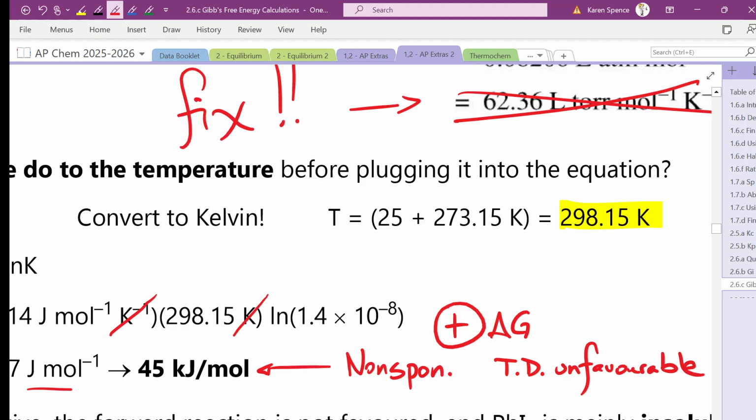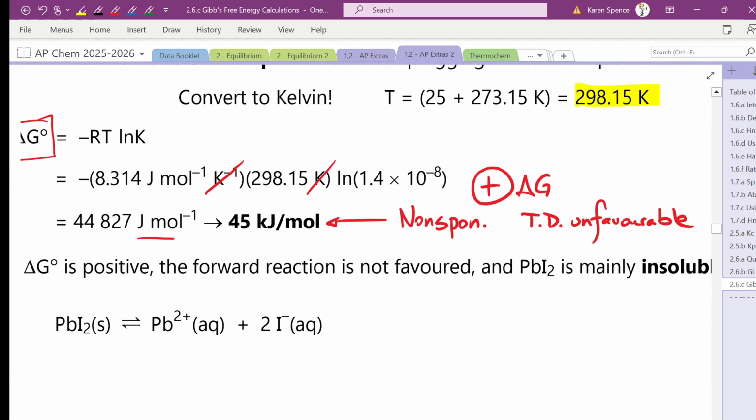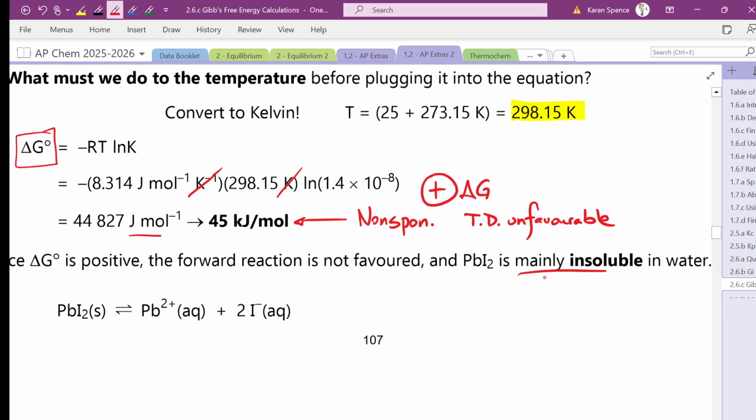What does that tell us about the solubility of lead iodide? It is not very soluble. It will dissolve a teeny tiny bit, but it's really teeny, really tiny. So the forward reaction is not favored, so it is mainly insoluble.